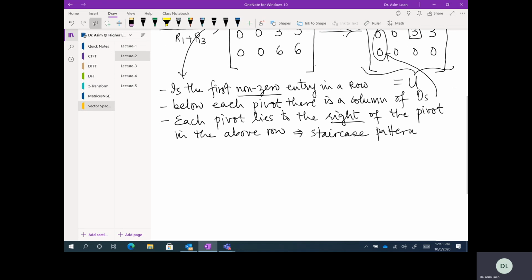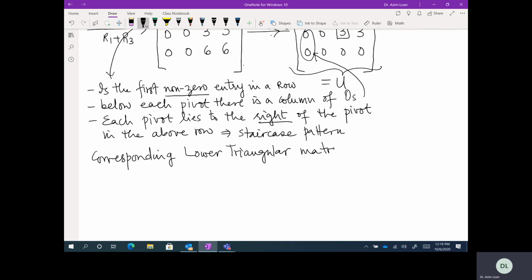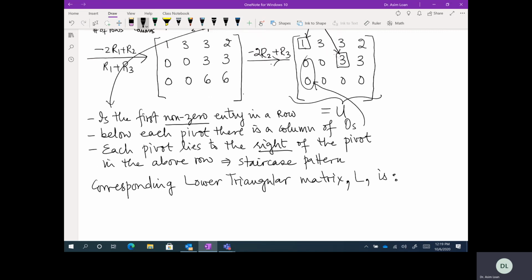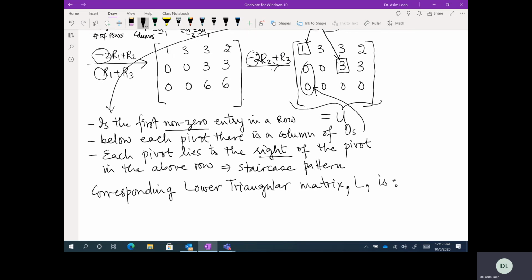And what is the corresponding L, by the way, from chapter 1? What is the corresponding lower triangular matrix L? If you recall, L is the negative of these multipliers.